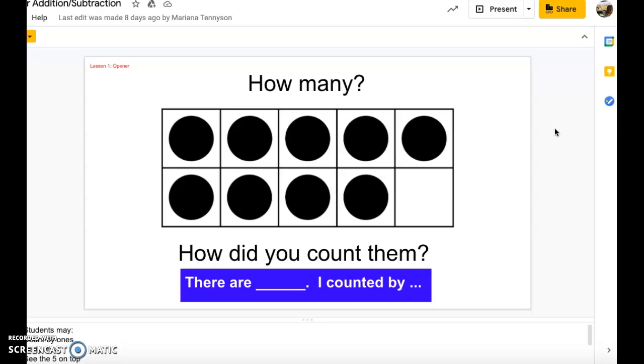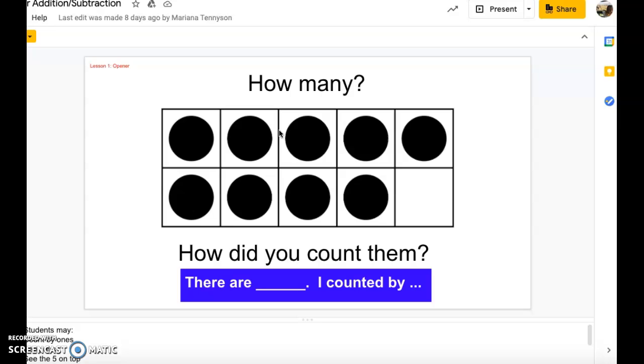Okay, so take a look here at our opener. We are going to be using tens frames today, and you actually have tens frames because I sent tens frames home with you with your learning kits at the beginning of the year. So you have a turquoise, or kind of bluish color, tens frame, and you have the yellow and red counters.